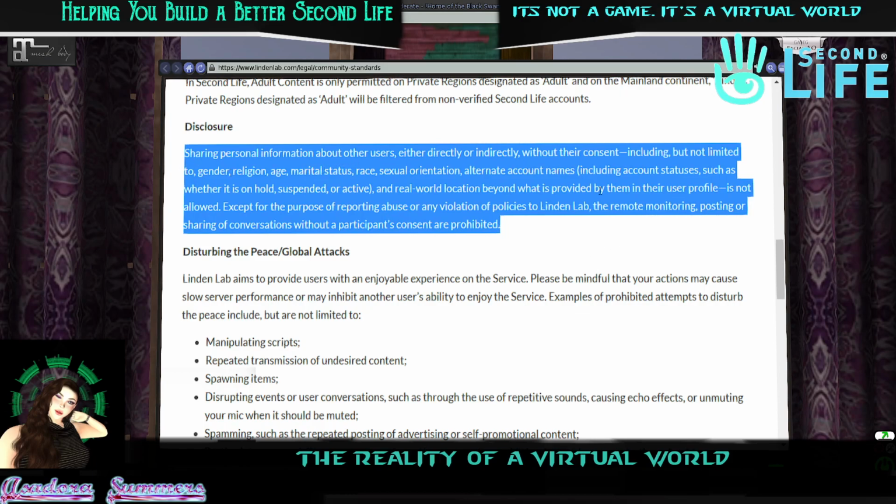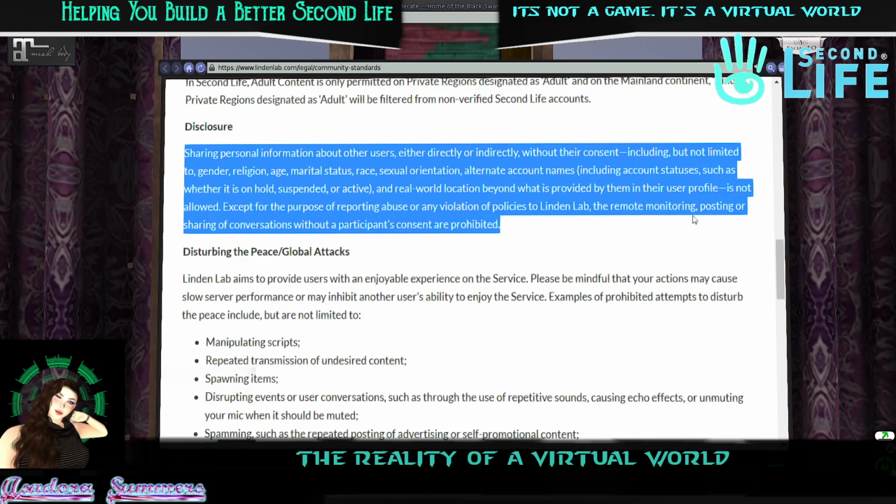Sharing personal information about other users, either directly or indirectly, without their consent, including but not limited to gender, religion, age, marital status, race, sexual orientation, alternate account names, including account statuses, such as whether it's on hold, suspended, or active, and real world location beyond what is provided by them in their user profile is not allowed, except for the purpose of reporting abuse or any violation of policies to Linden Lab.